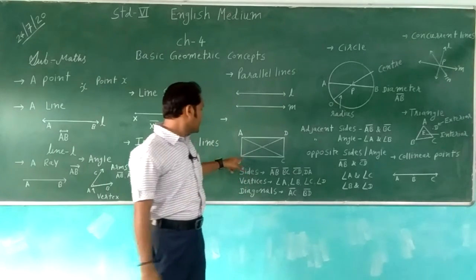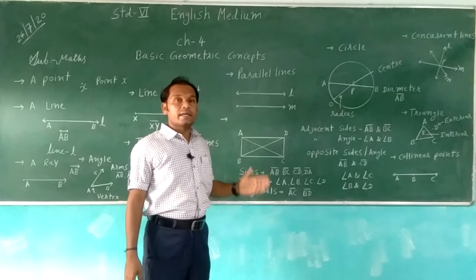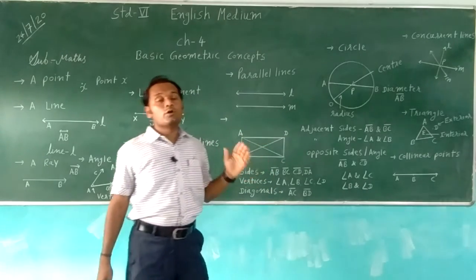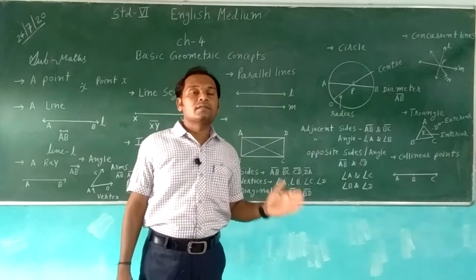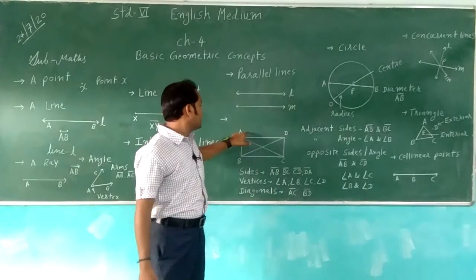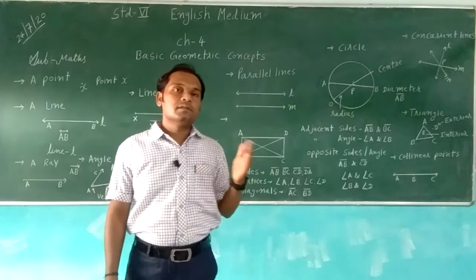In this way we can say BC and CD, both lines are adjacent sides. CD and DA, both lines are called adjacent sides because they have a common endpoint. And line DA and line AB are called adjacent sides.